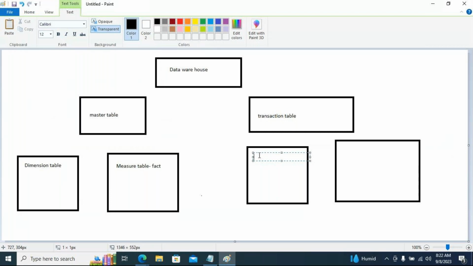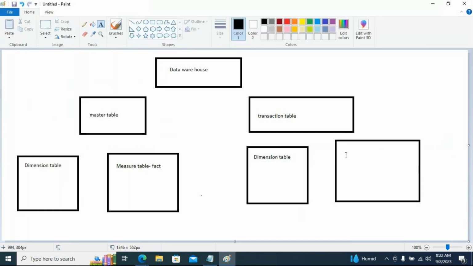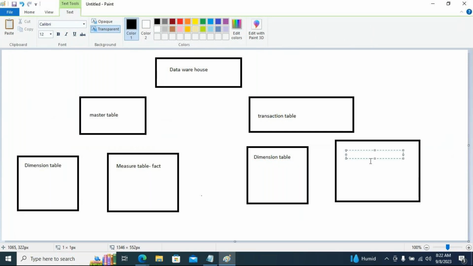Okay, so here also we have dimension tables. Here also we have a measure table. So in the master table there are two types of tables, dimension and measure tables. In the transaction table also we have two types of tables, dimension and measure tables.